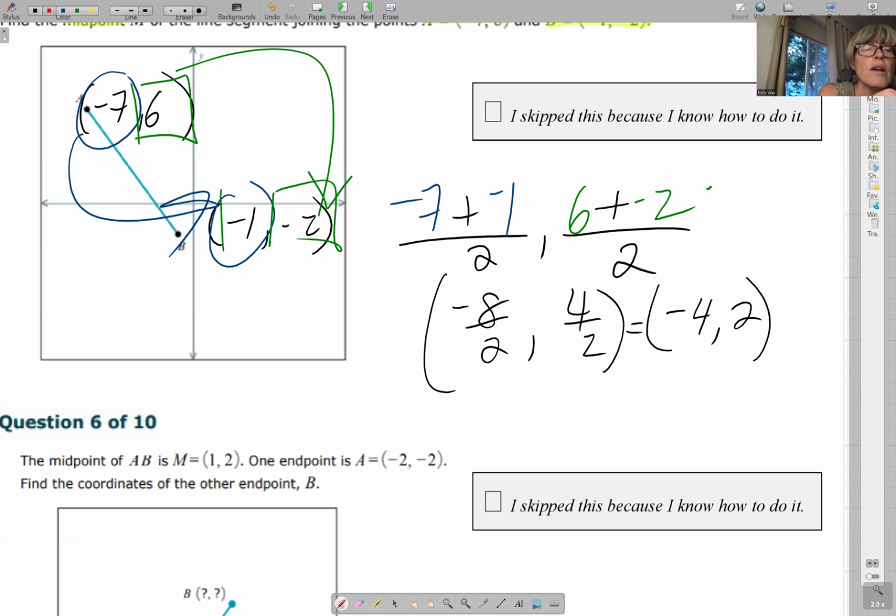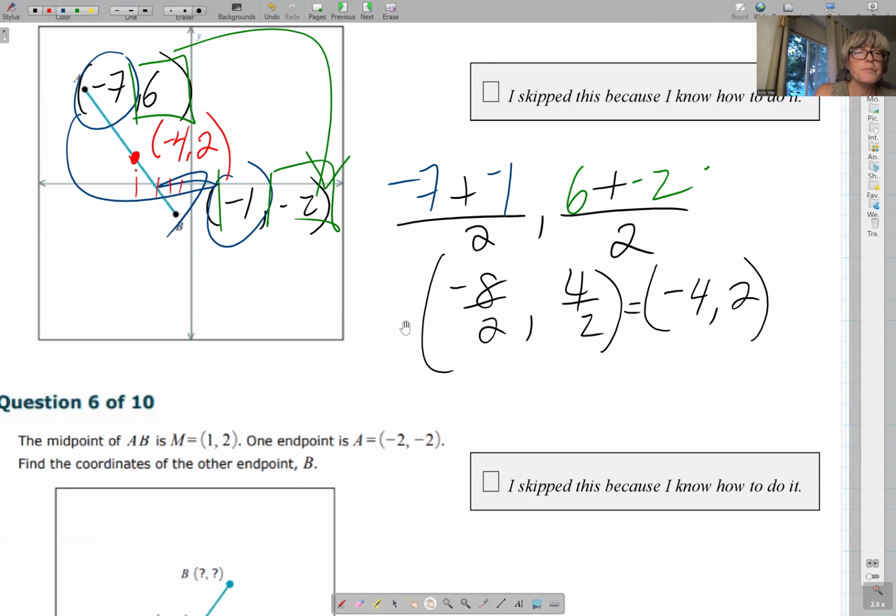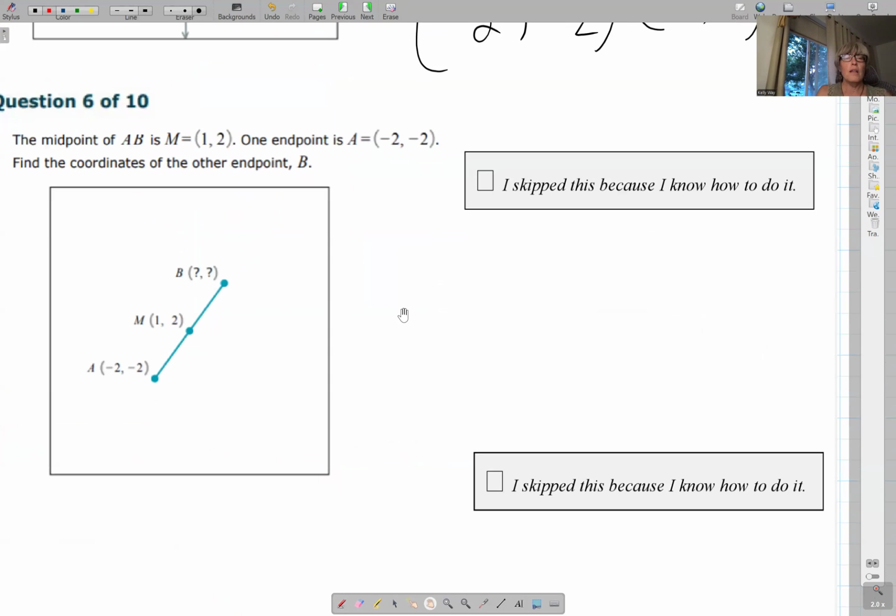Let's check it on the graph. 1, 2, 3, 4. 1, 2 would be about right there. And what's really nice about this, when you graph it, it actually looks accurate.